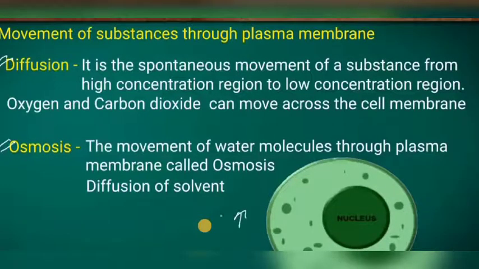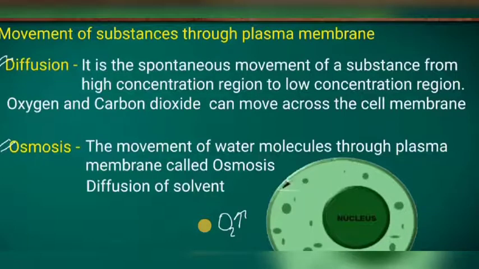If gaseous exchange occurs in the cell, by which method? Then the answer is the diffusion method. Here you can see that oxygen has a higher concentration outside the cell.